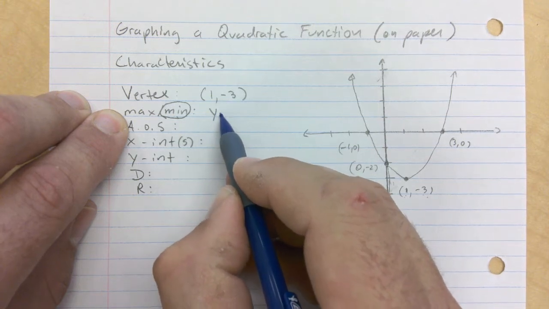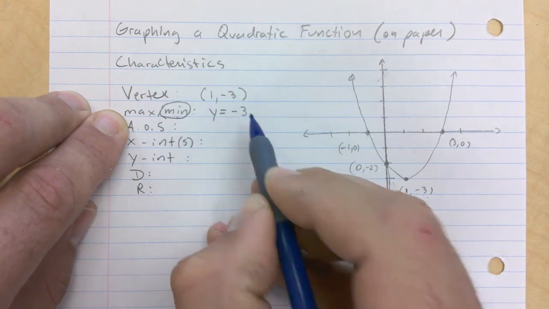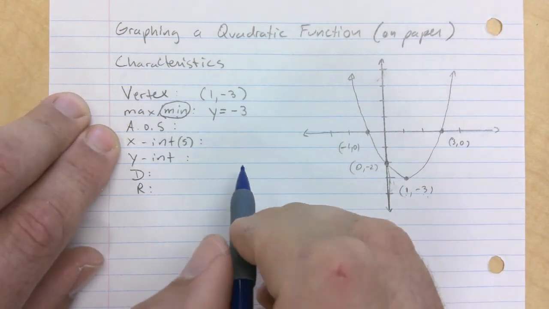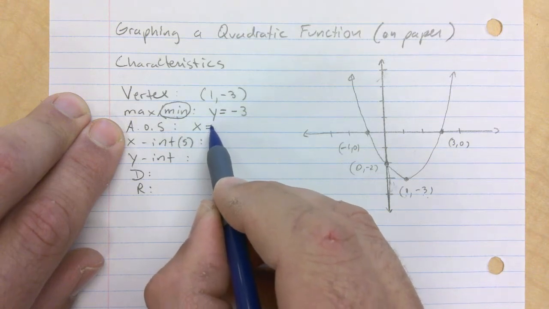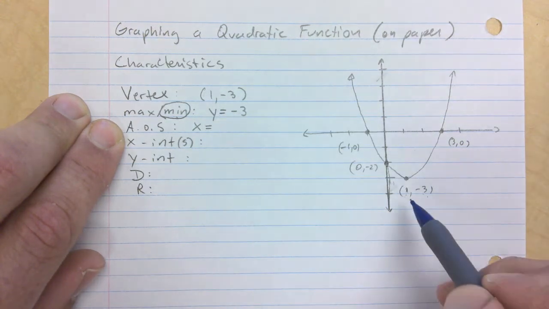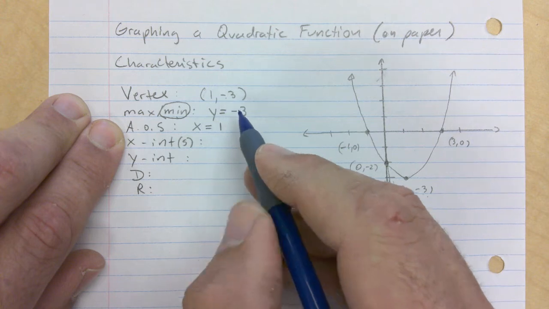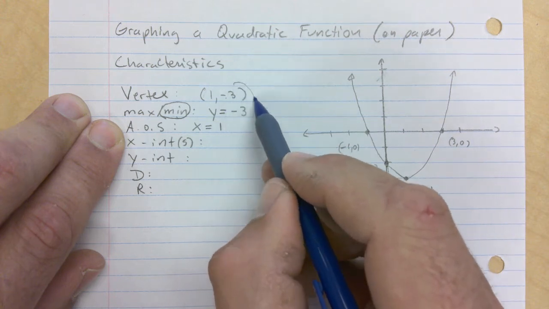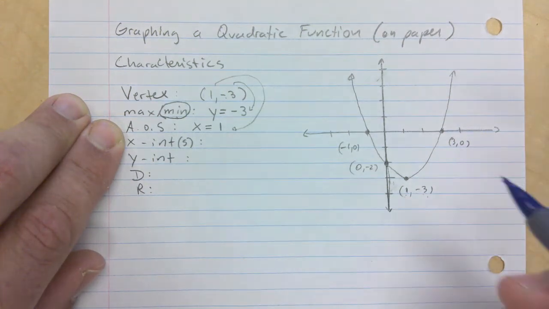So it's y is equal to the y value of the vertex. So you write it down like that. Axis of symmetry is also an equation, and it's x is equal to the x value of the vertex, right? It's going to go right through here. So you've got vertex, and the vertex gives you this, and it gives you that, okay?